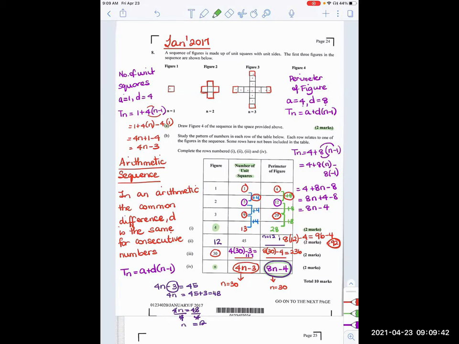Did you all do part 1 here in green? Yes, miss. Did you all do part 2? Yes, miss. What about part 3 and 4? Were you all able to come up with the formula for n? No, miss.